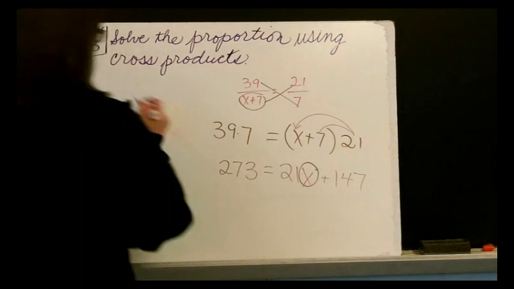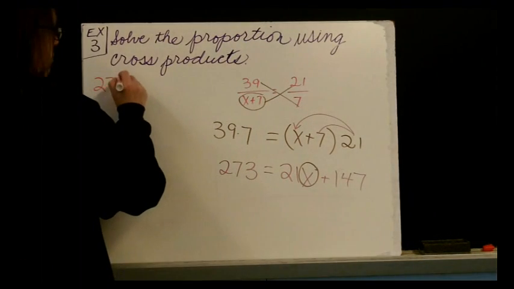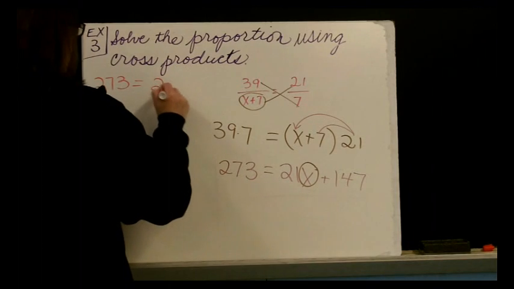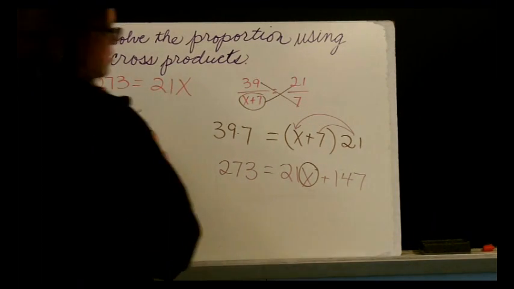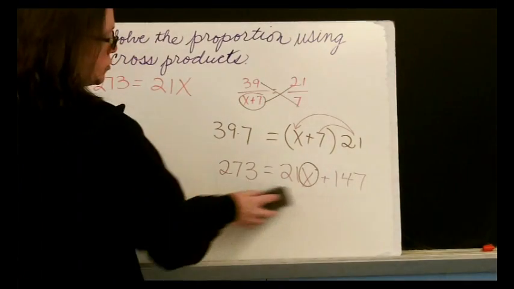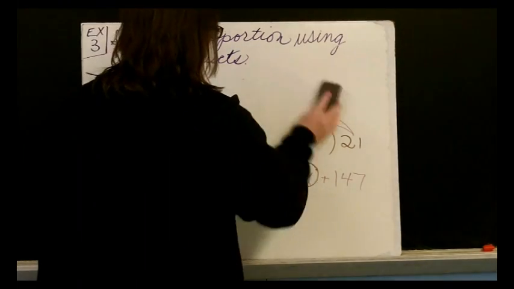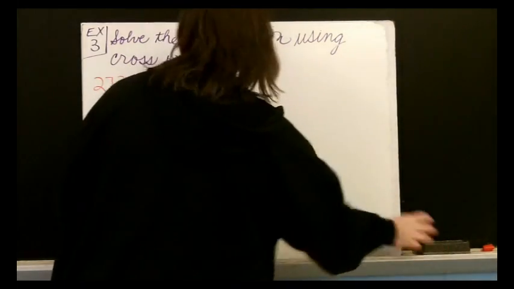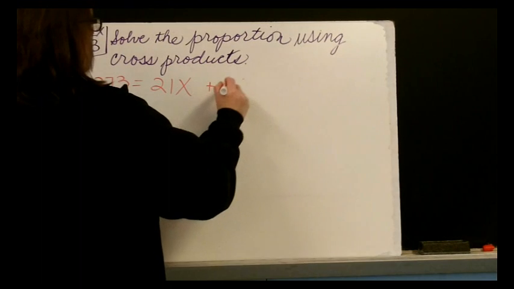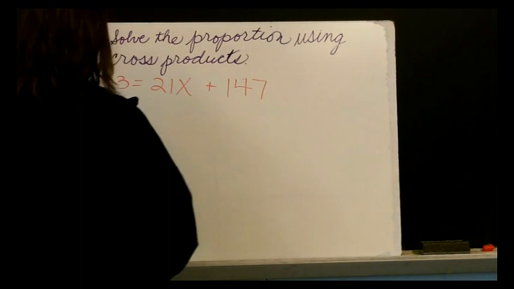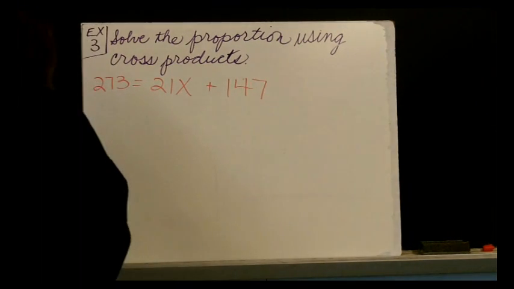Let me just rewrite this. We have 273 equals 21x plus 147. All I'm doing is rewriting where we left off. We said that we are going to negate the constant first.